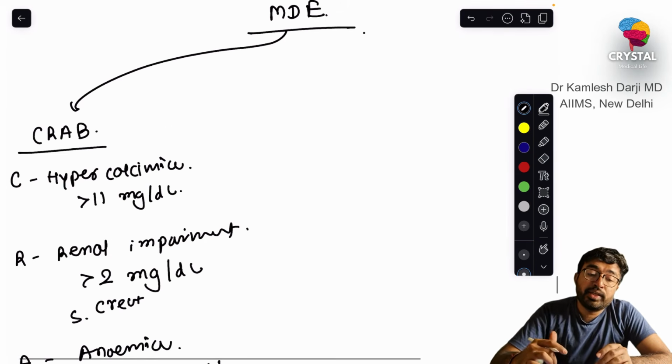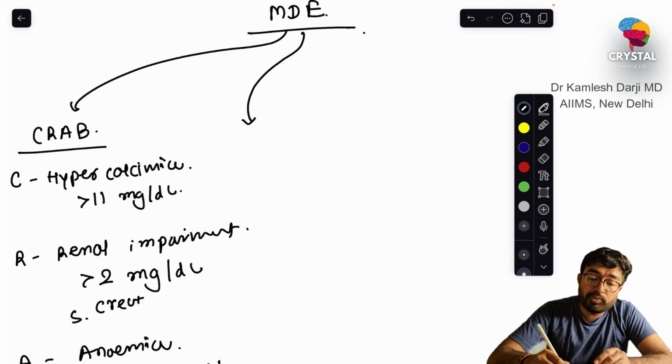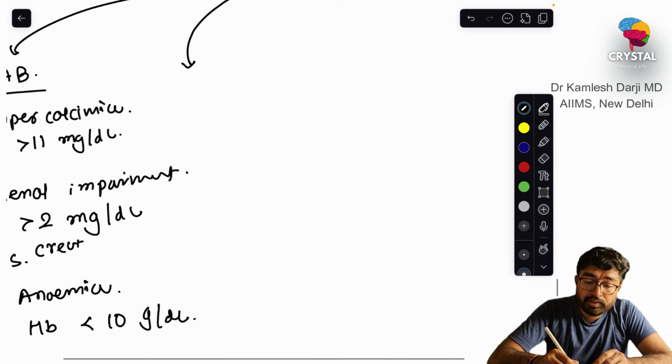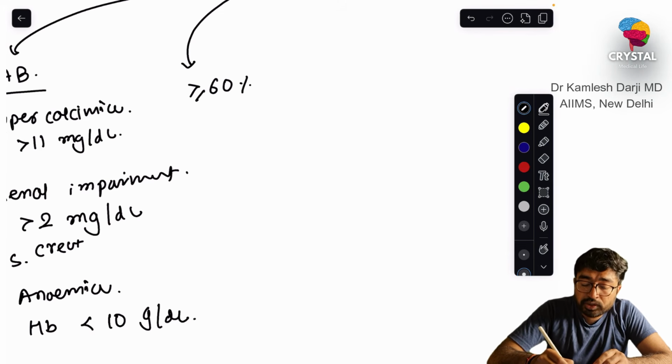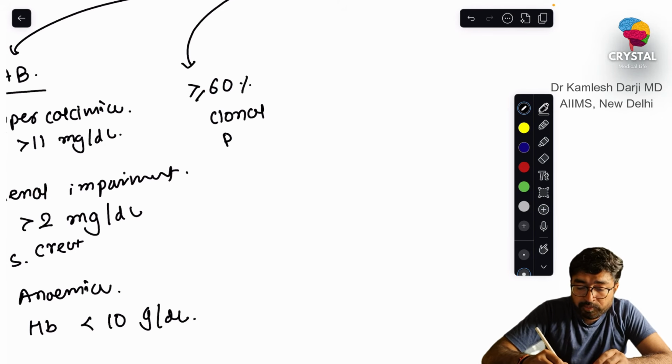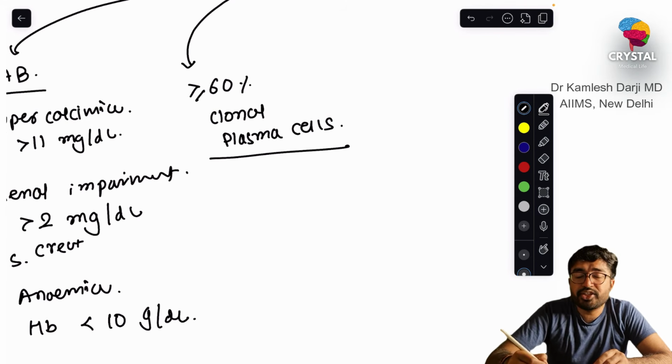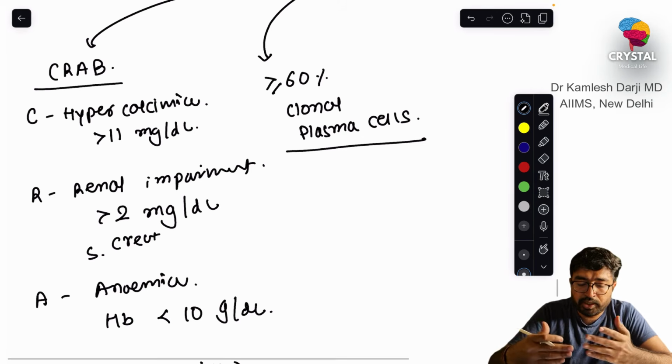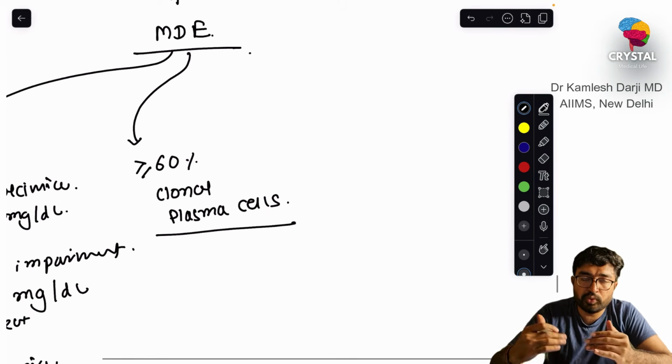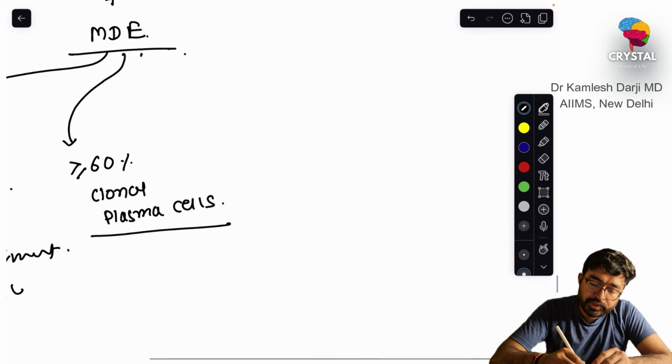Okay. Now, second myeloma defining event is the bone marrow finding. If you find more than or equal to 60% of the clonal plasma cells, then it is called as the myeloma defining event. You don't need this type of CRAB features to call multiple myeloma.